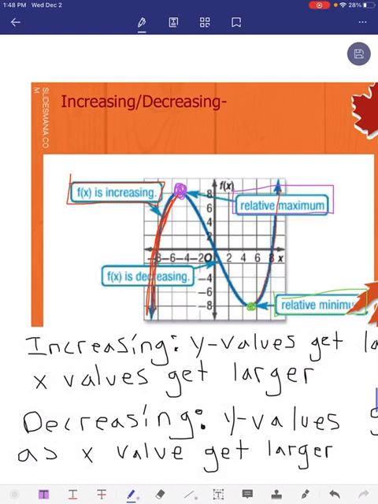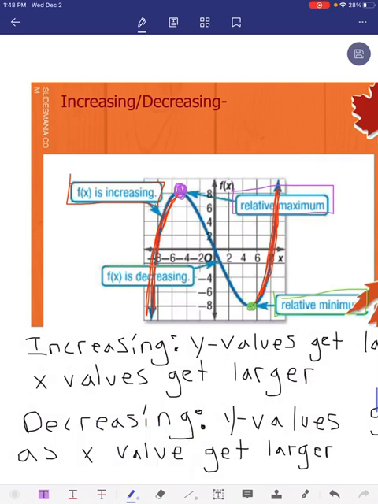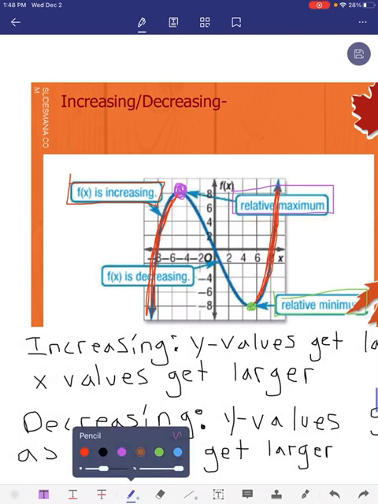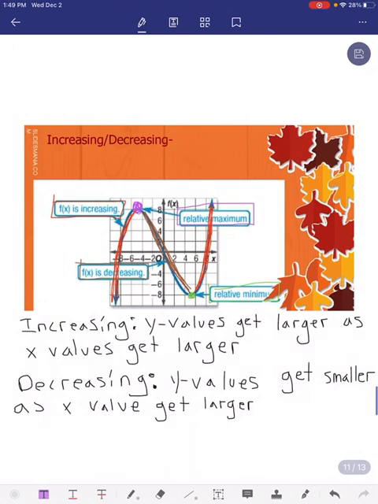However, notice that as we go to the right, we're also getting bigger y values on that last portion of our graph as well. And then lastly, we are decreasing or going down in that middle portion, or basically as we go to the right, our y values are going down.